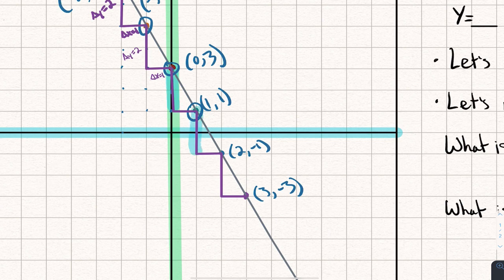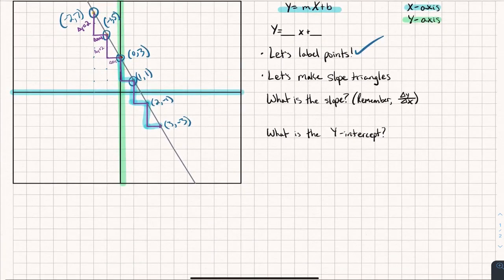It does right here. And it also does here. So for all of these slope triangles, we've got a delta y of 2 and a delta x of 1. So if the slope is delta y over delta x, it's going to equal 2 over 1. So the slope is 2 over 1.